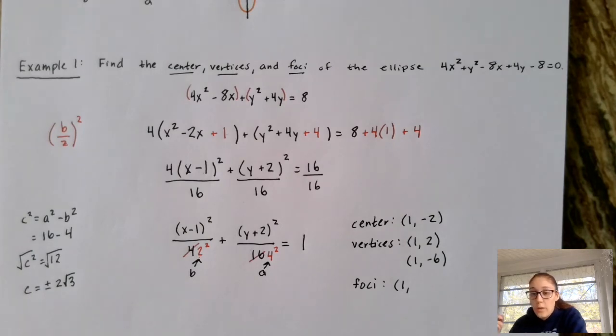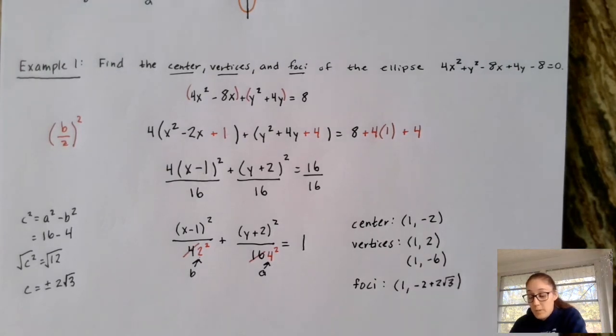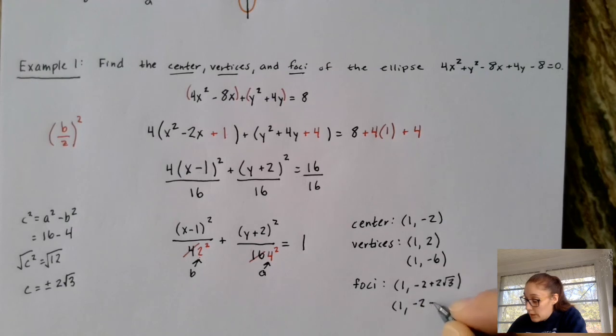So the most exact way to write that coordinate, even though it's going to look weird, is to actually just write negative 2 plus 2 radical 3. Okay, that whole thing is a number. It's going to be a crazy number, but that's the y value. And then for my second foci, because there's one on each side, or in this case vertically, one above the center and one below the center, I'm going to do negative 2 minus 2 radical 3.